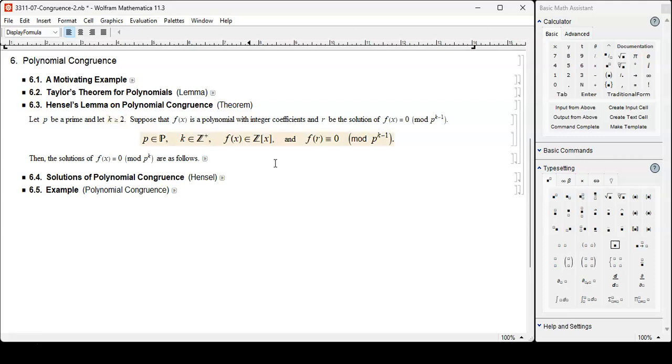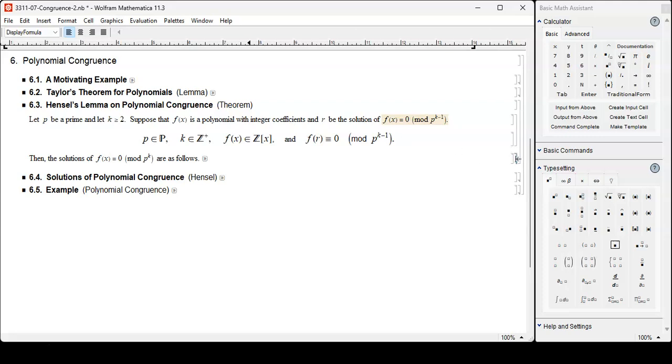So why not here? It's more general after all. f of x is a polynomial with integer coefficient. By the way, this bracket x means it's a polynomial, and Z means coefficients are coming from Z. And finally, f of r is congruent to 0 modulo p to the k minus 1 power, a solution of that. So all the conditions are there.